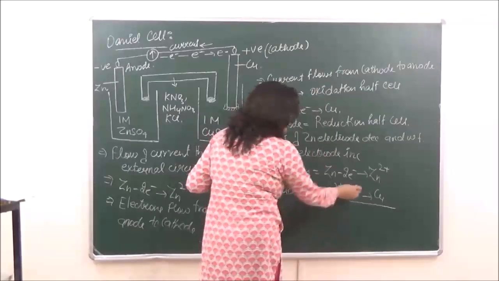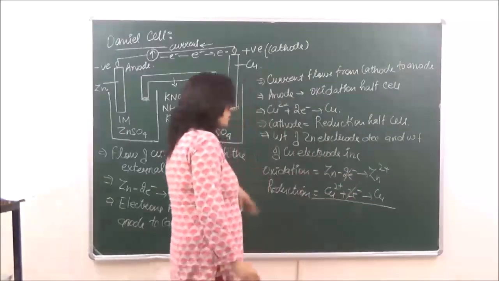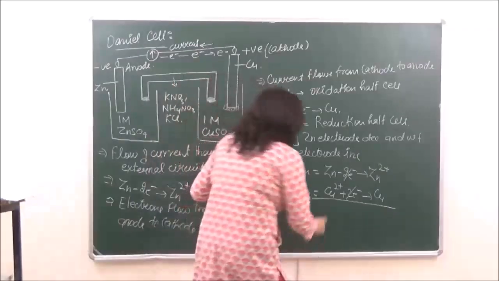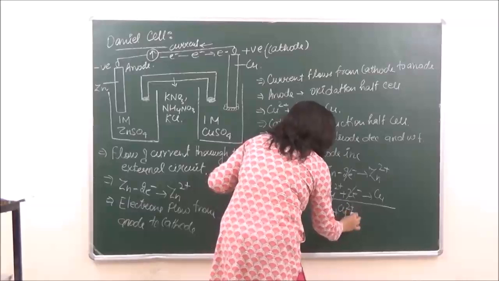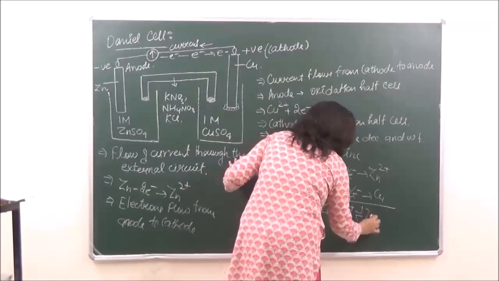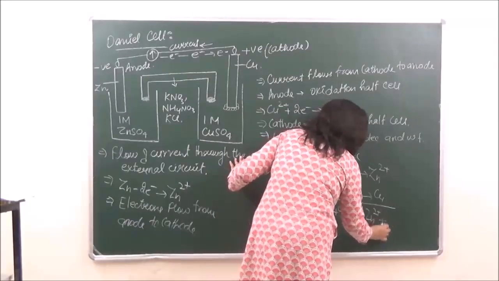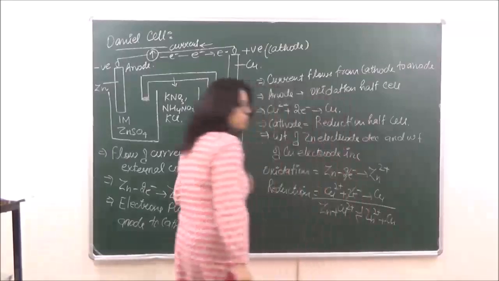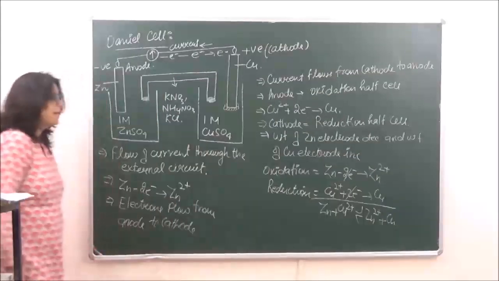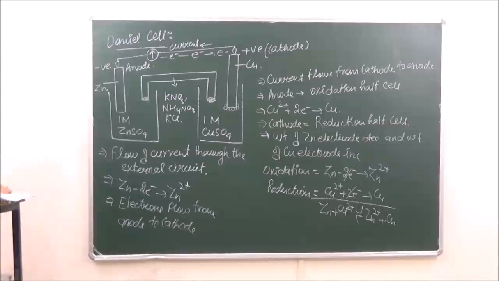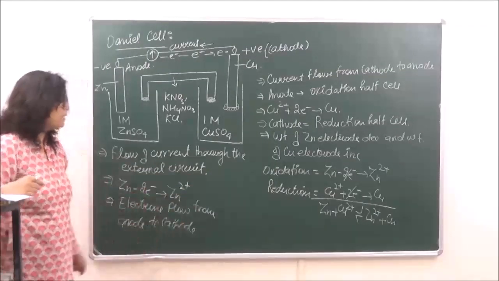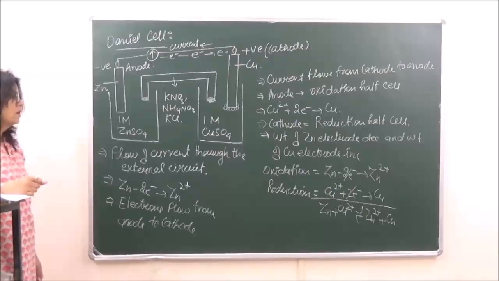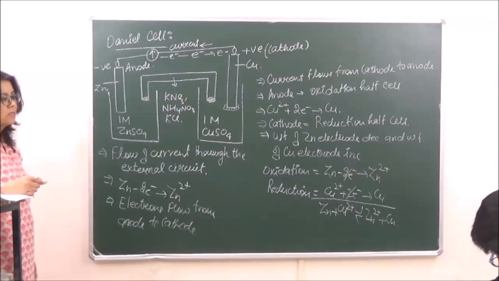So for the overall reaction, the 2 electrons get cancelled. The overall reaction is Zn plus Cu2+ to give us Zn2+ plus Cu. This is the Daniell cell reaction, given by Zn plus Cu2+ to give us Zn2+ plus Cu.